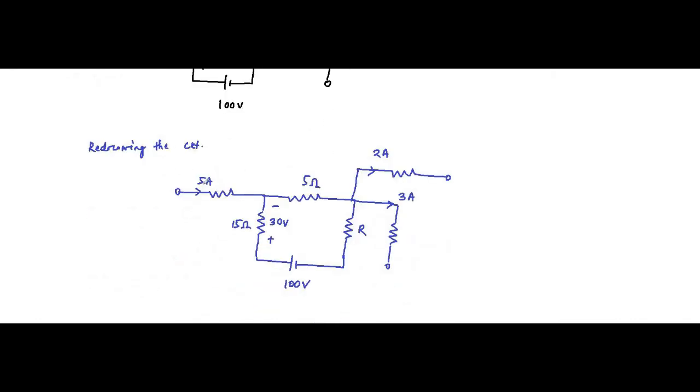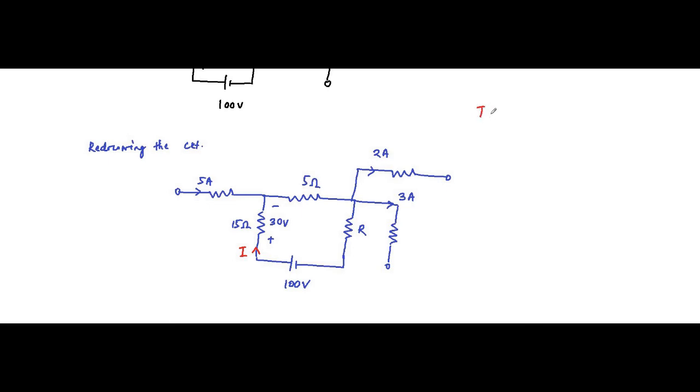So here we have redrawn the circuit. Now we have been given the voltage drop across this resistor, which is 15 ohm, and we have to find the current flowing through it. Let's say the current flowing through this 15 ohm resistance is I. Always current flows from positive to negative polarity because power is absorbed.